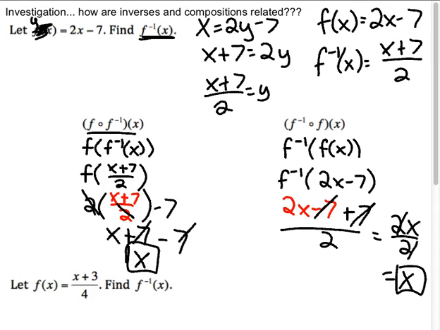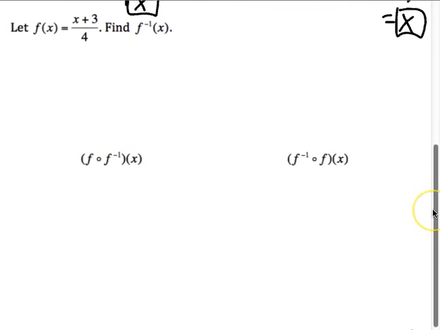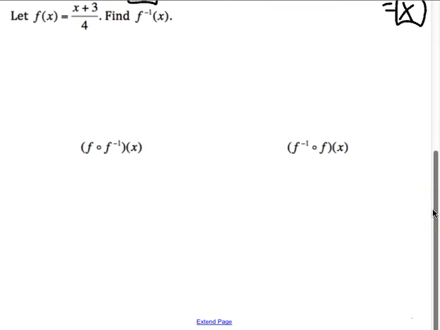So that's interesting. When I compose it both ways, notice what I got. Now, this might be just a coincidence, so let's do another example and see if this works again. So I'm going to find the inverse of this function. To find the inverse, I'm going to swap the x and y.